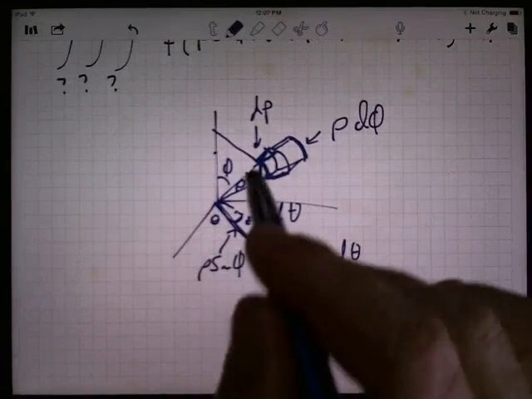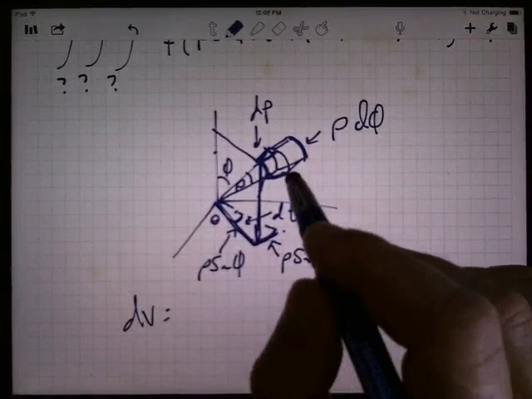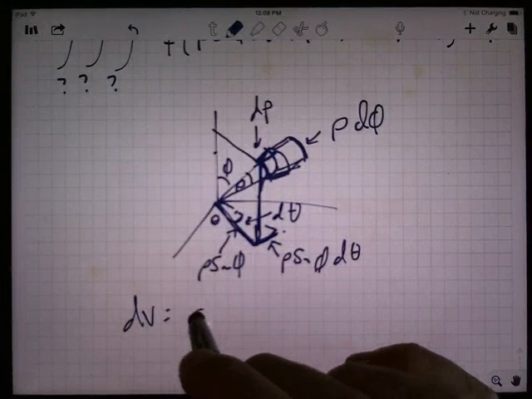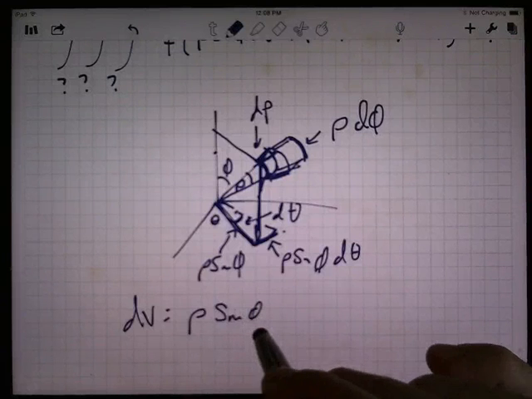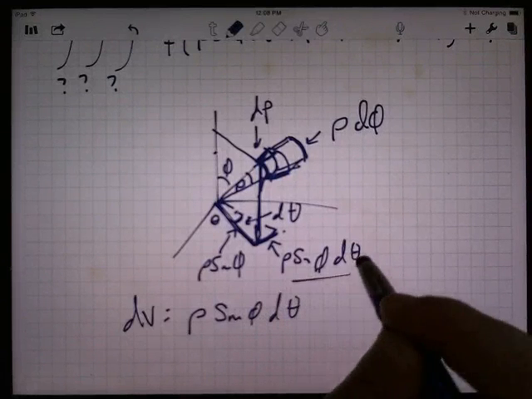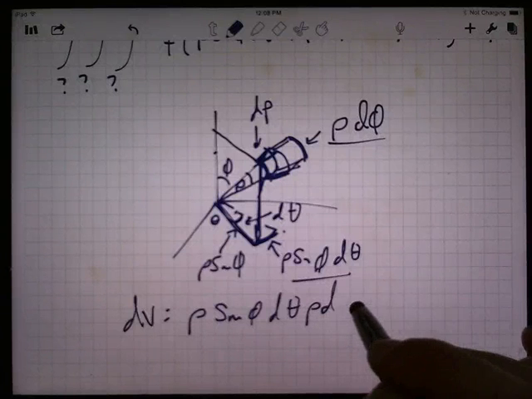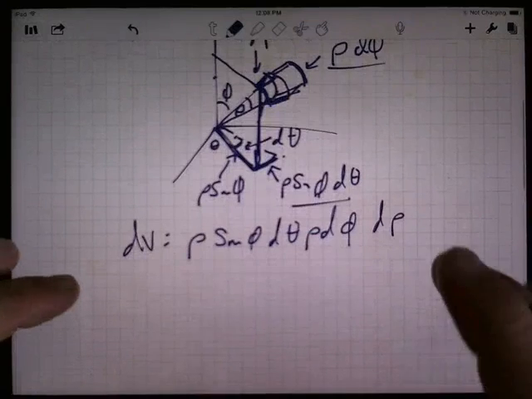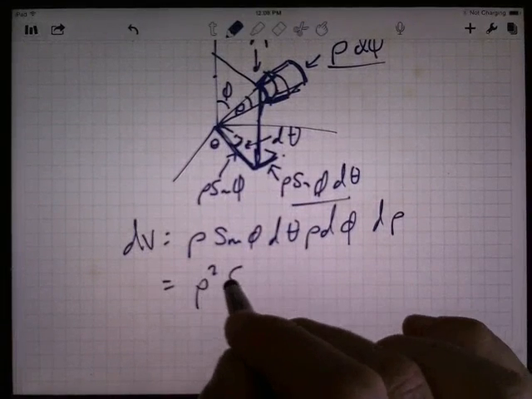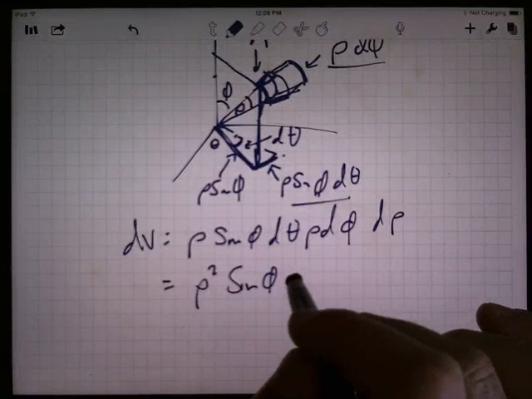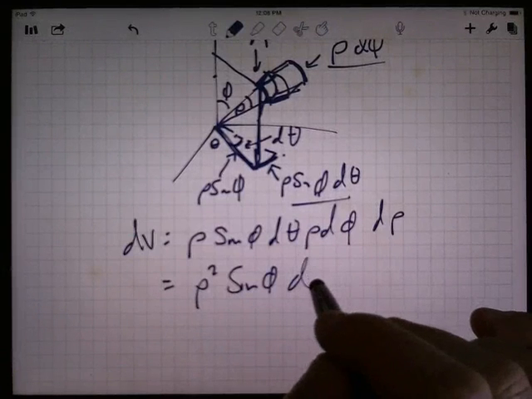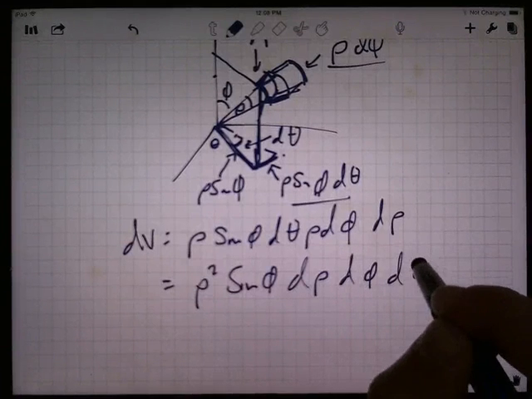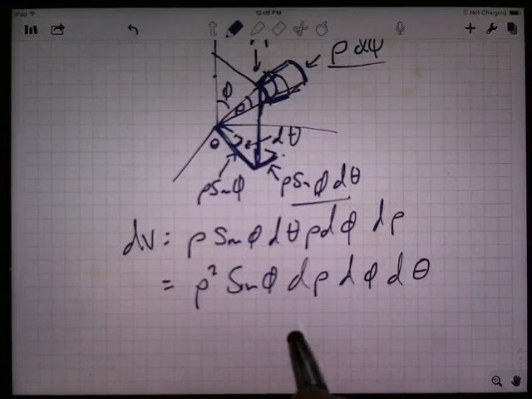And so that little bit of volume now is the length times the width times the height. It's rho sine phi d theta, that's this one, times rho d phi times d rho, for a grand total of rho squared sine phi times d rho d theta d phi, whichever order you choose to put them in, whichever is most convenient for you.